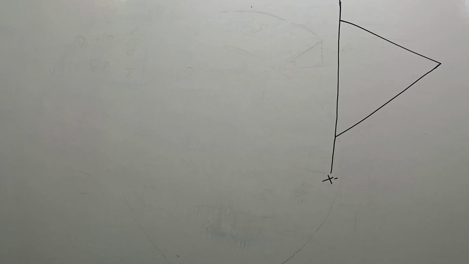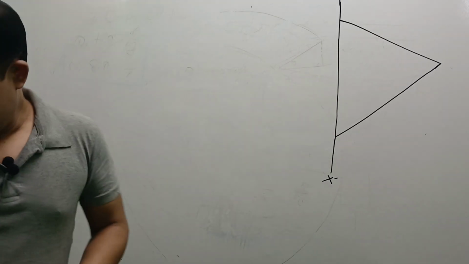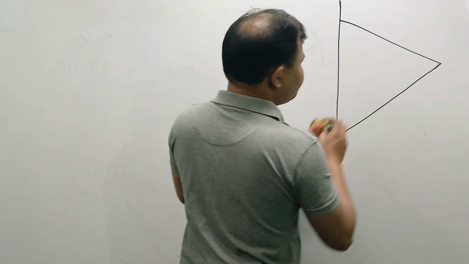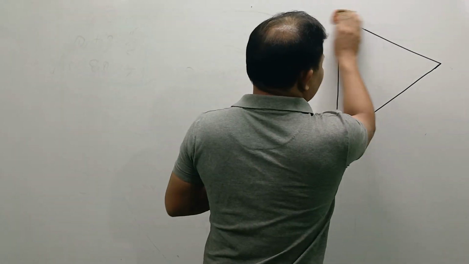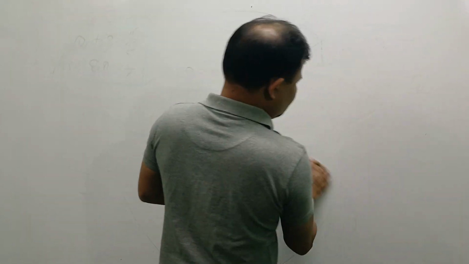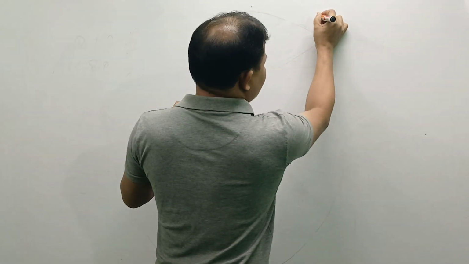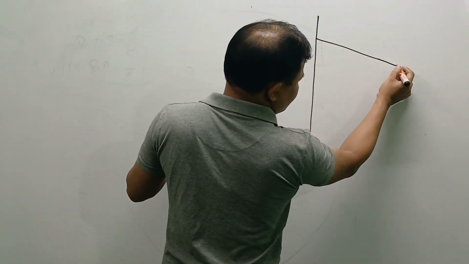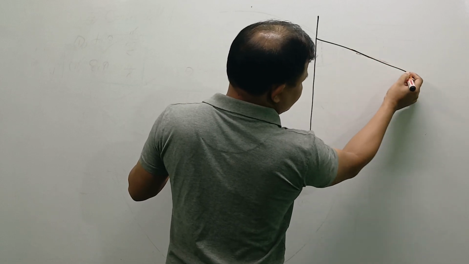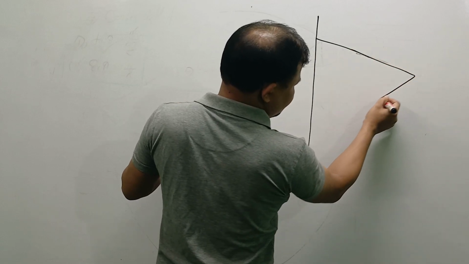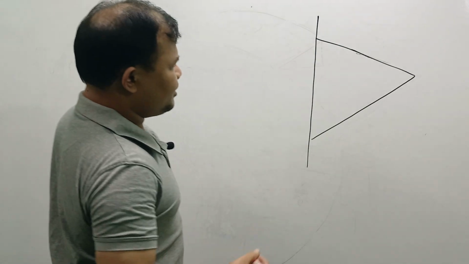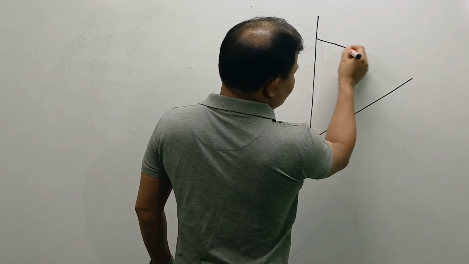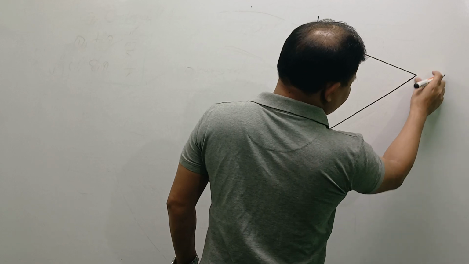My dear students, this is the rotational axis, and this is the triangle, an equilateral triangle.